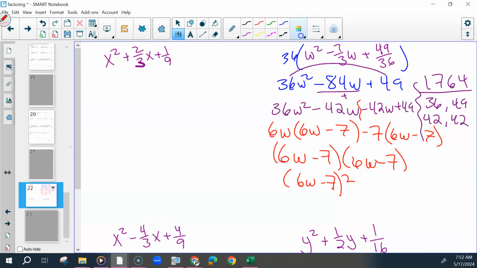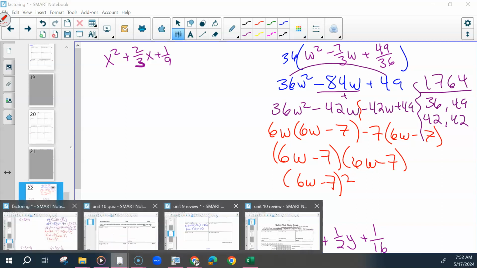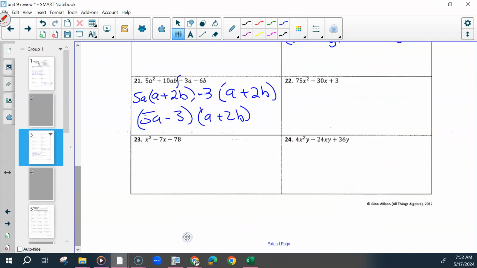Okay. Did we want to see one of the other ones before we jump into dividing polynomials? See if you have a question on the second page.